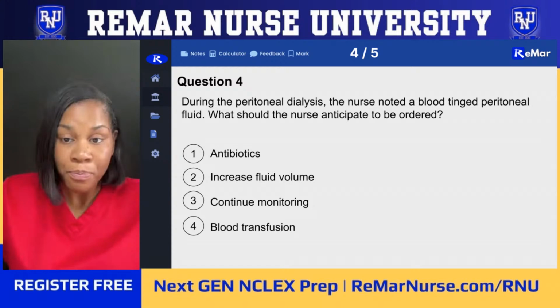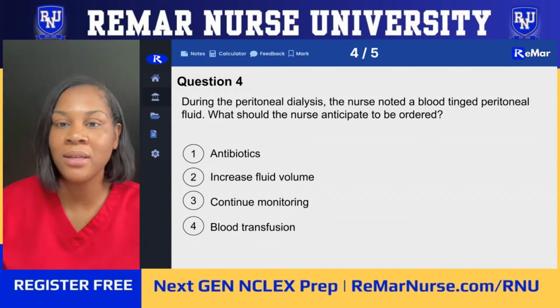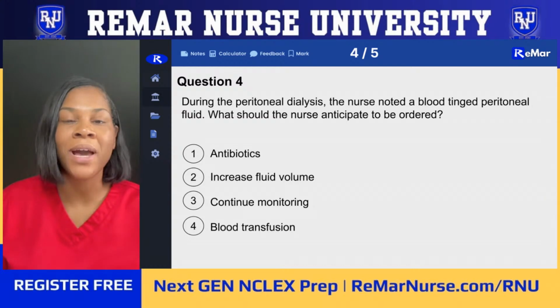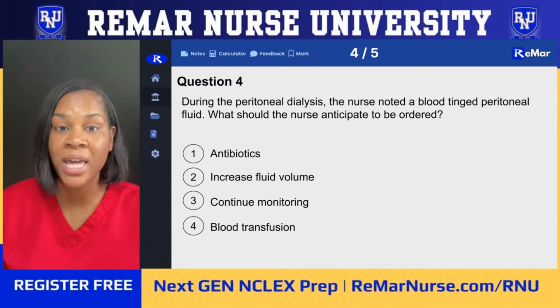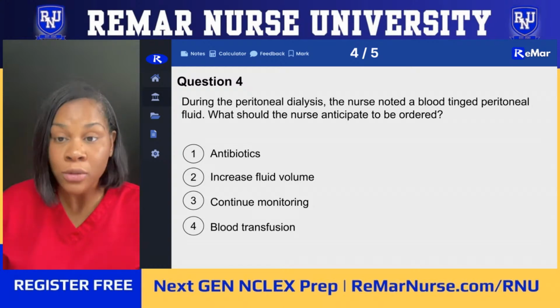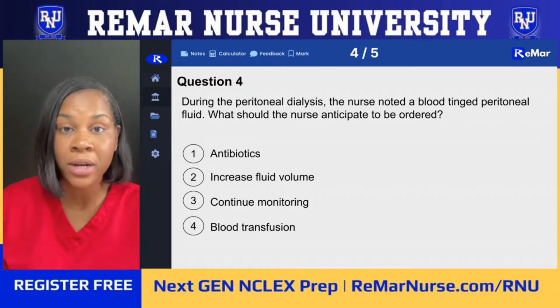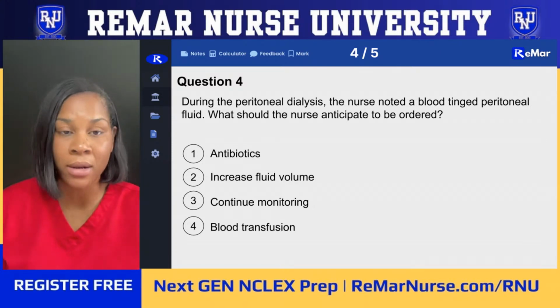If you start coming up with choices in your head, then it's gonna be more difficult. So if I see blood tinged peritoneal fluid on NCLEX and my choices are antibiotics, increase fluid volume, continue monitoring, or blood transfusion, which one do I need to go with? I need to look at what's in front of me and go with continue monitoring.